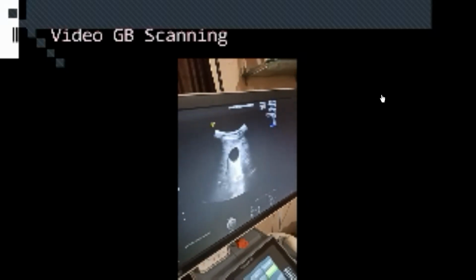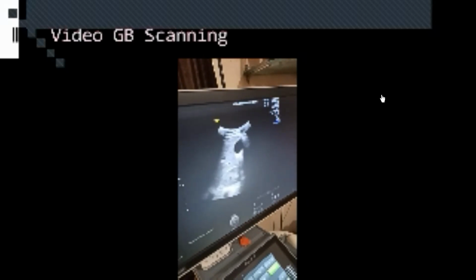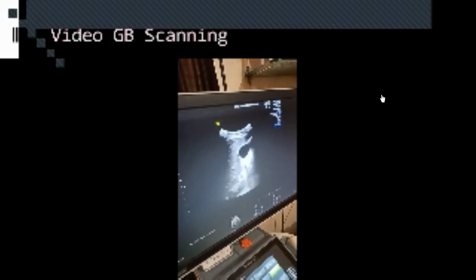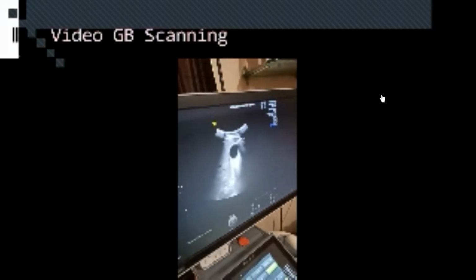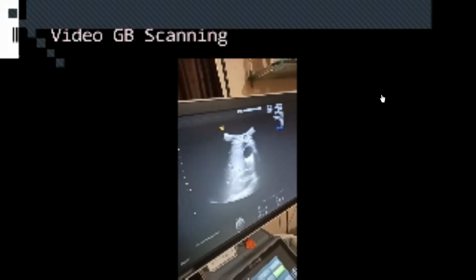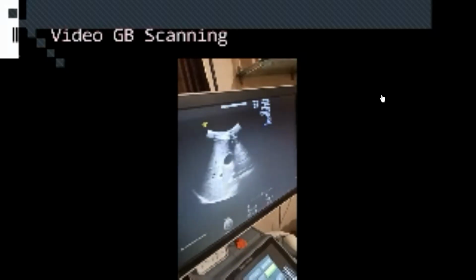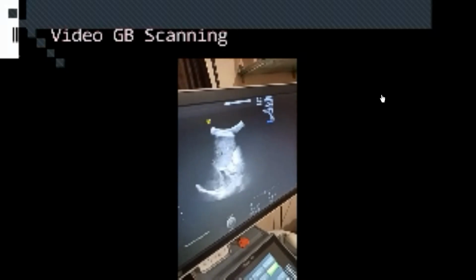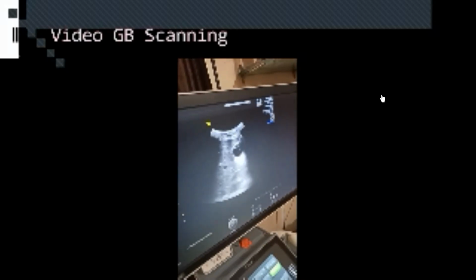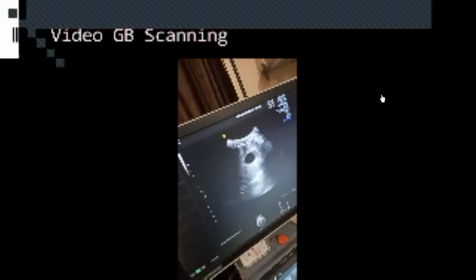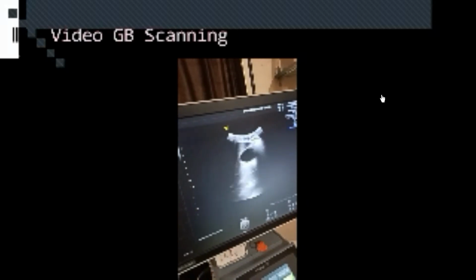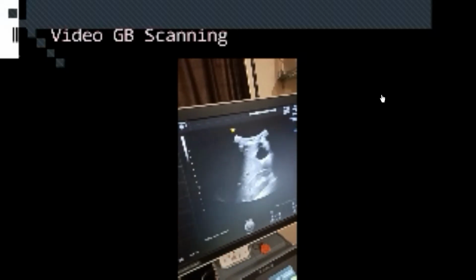Now, after achieving the axial plane of the gallbladder, you have to move the probe so that you can scan the whole of the lumen of the gallbladder in its axial or transverse plane, like this.